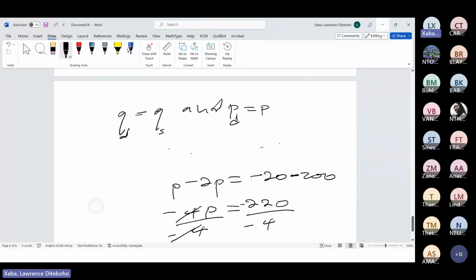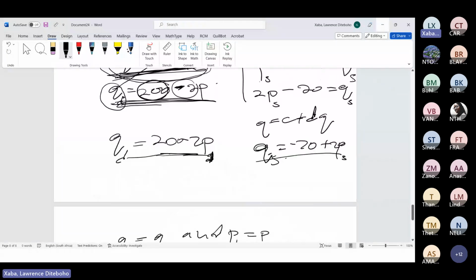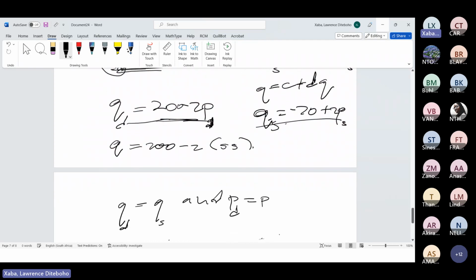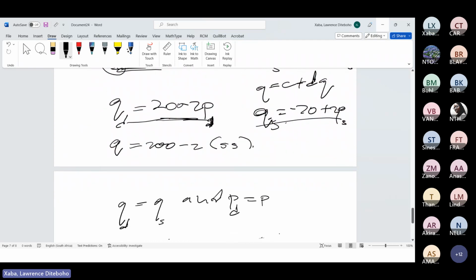We have the equation Q equals 200 minus 2p, and we are saying Q is equal to 200 minus 2 times 55. 2 times 55 is 110, and if it's 110, it means our quantity becomes 90.